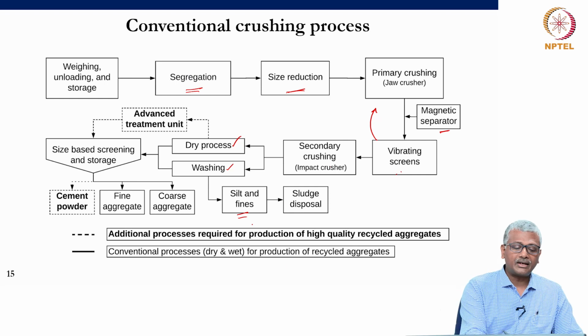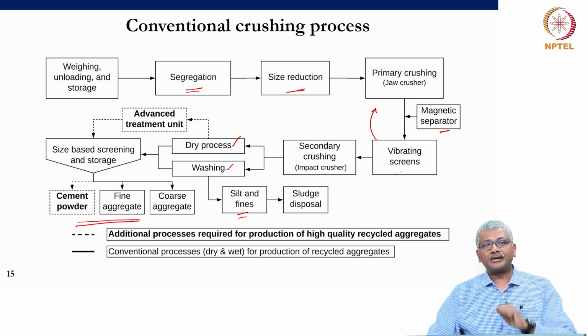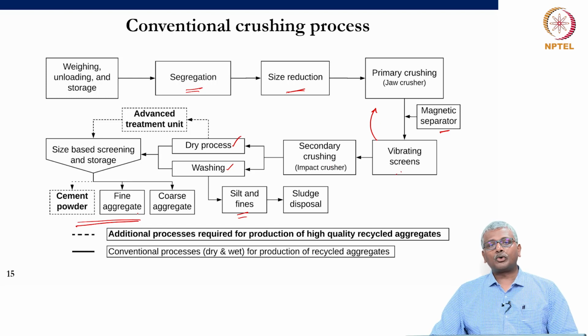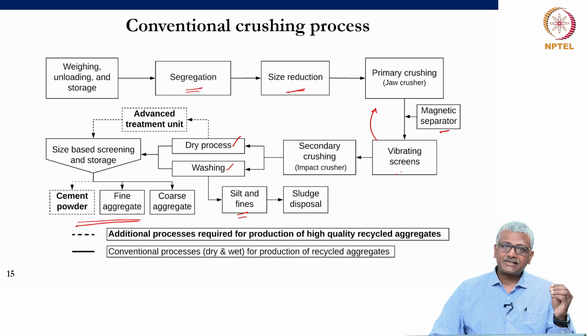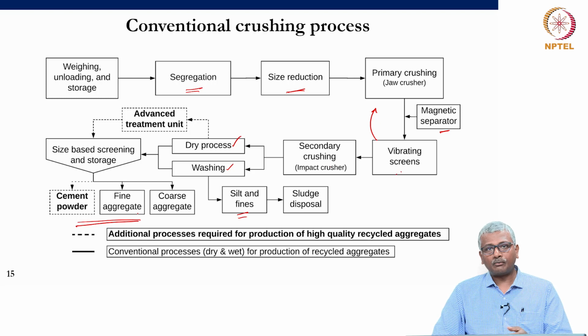So again, you can have advanced treatments that lead you to 3 different categories of materials that you collect from your overall recycling process. You have the coarse aggregate, you have the fine recycled aggregate, and then you have the powder that is extremely fine that needs to be treated specifically for utilization in new construction, okay. Again, that will be something that we will talk about in one of the future lectures, right.